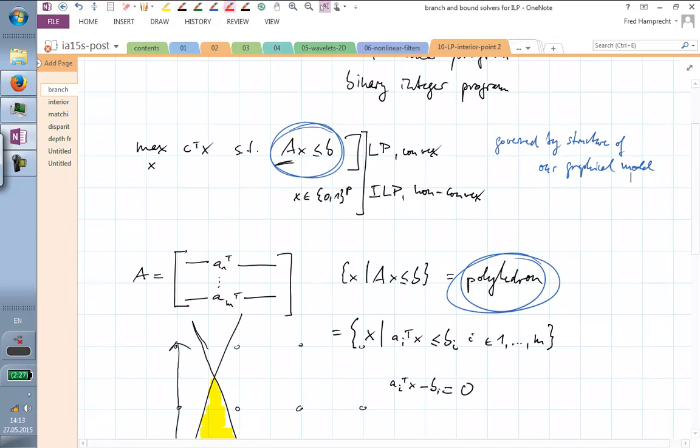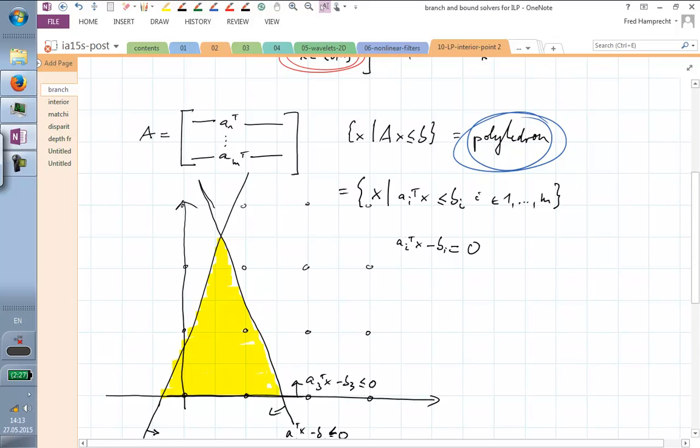Now, in addition, we have this ugly integrality constraint, and by the way, you see that the picture that I've drawn at the bottom was not a true 0-1 linear program because, if it was, then these constraints would tell me that the points shown here in red are the ones that fulfill this constraint of being binary.